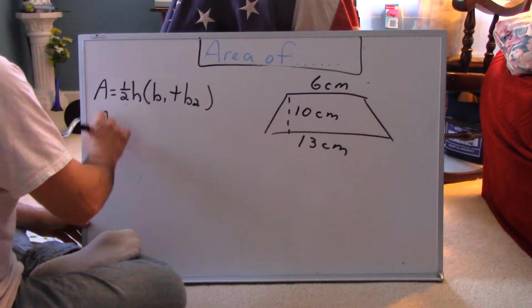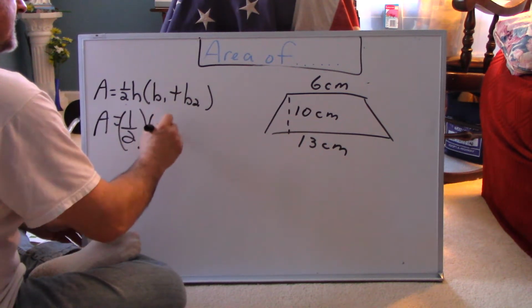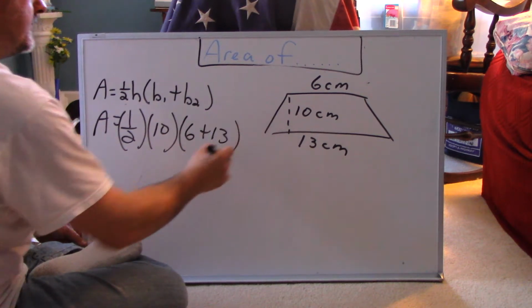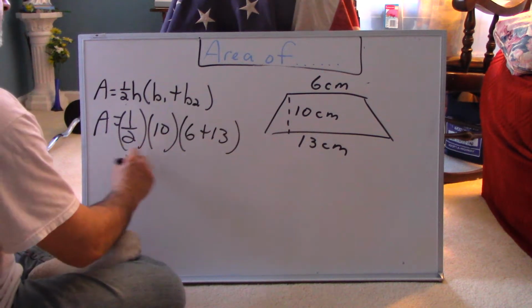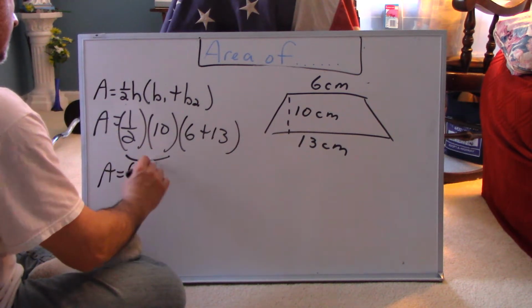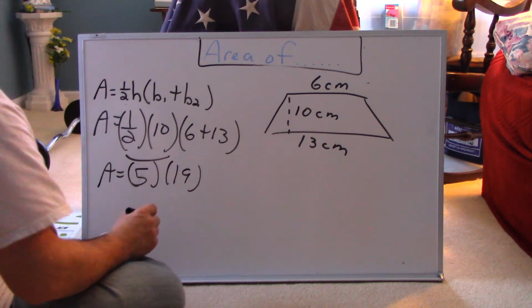Okay? That's better. 1/2 the height, which is 10, times base 1, which is 6 plus 13. See how I set it up? Let's do this together. 1/2 of 10 is 5. 13 and 6, 19.